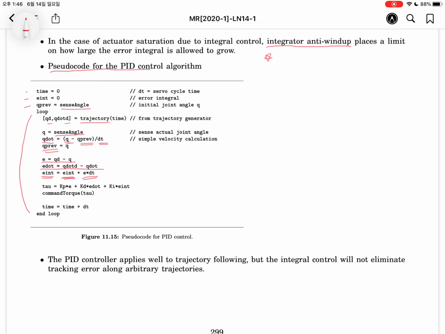So we can add the area at every instant, and then PID control is applied. The torque will be applied to the robot system. Like this we can write it down. We can make our own PID control.